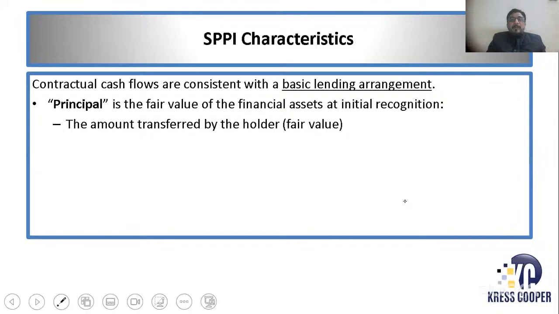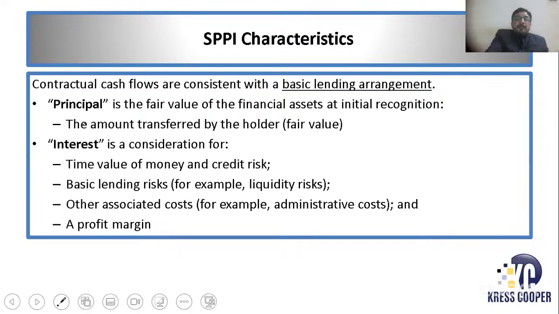So the SPPI characteristics mean, number one, the principal, which is the fair value of the financial asset at initial recognition. That 1,000 in our example, that amount which was transferred to the borrower. And the interest, in fact, is the consideration of the time value of money and the basic lending risks which the lender is seeking.